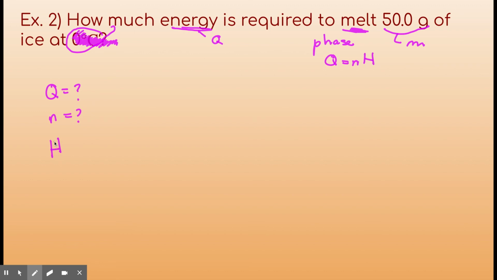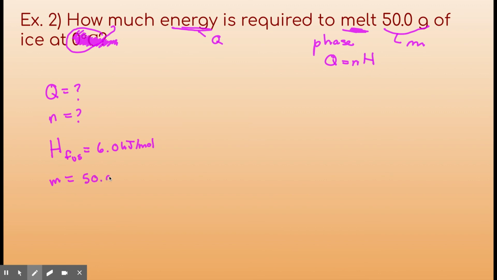And we are dealing with melting. So we're going to use H fus, which is on the bottom of our data sheet at 6.01 kilojoules per mole. Okay, now you're going to say, well, I have mass, but I don't have n. Can't I just put it in there?